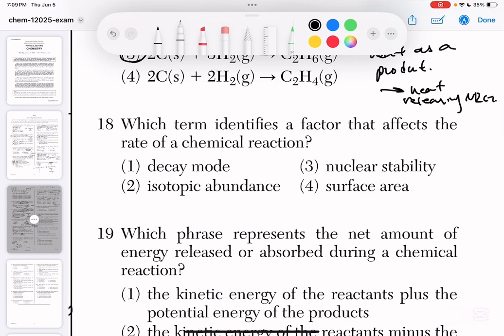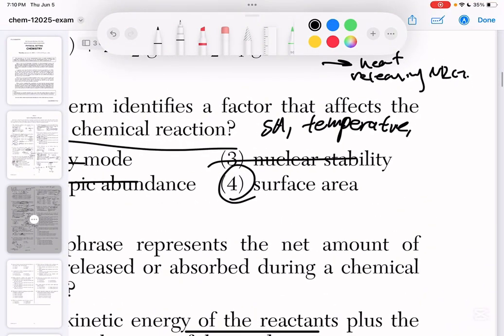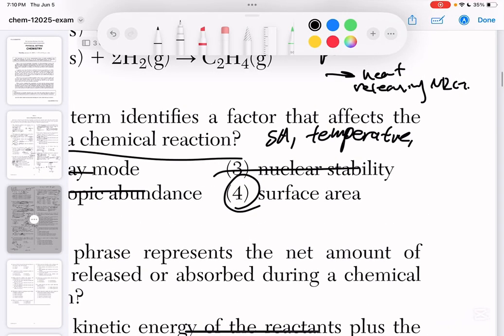Which identifies a factor that affects the rate of a chemical reaction? So for this one, wow, these really are pretty irrelevant. They're all nuclear chemistry and they don't really affect the rate. So factors that affect the rate: surface area, temperature, and also a catalyst.